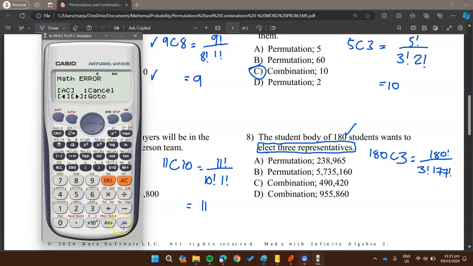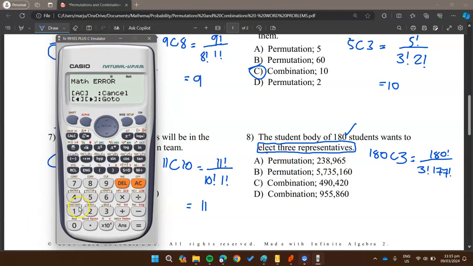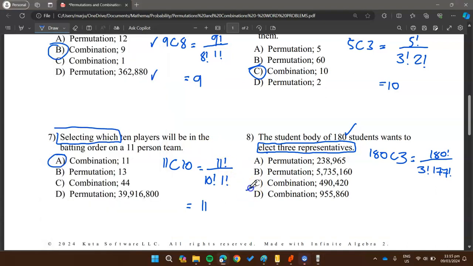So again, that's math error for you. But if you're going to make use of this 180 choose 3, again it will give us the correct answer, which is 955,860, which is again letter D.